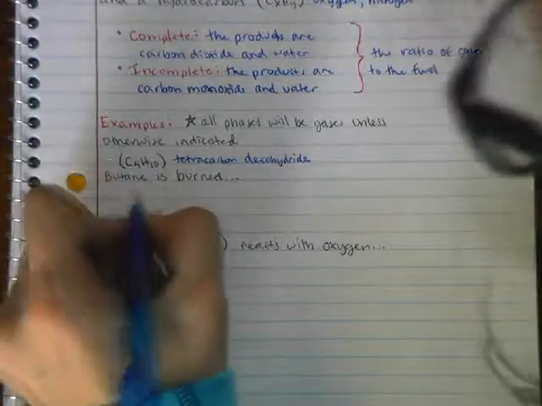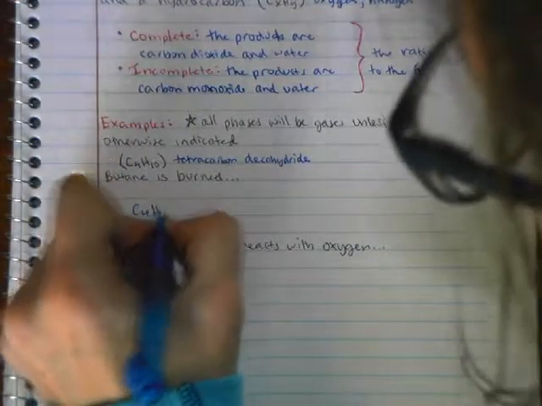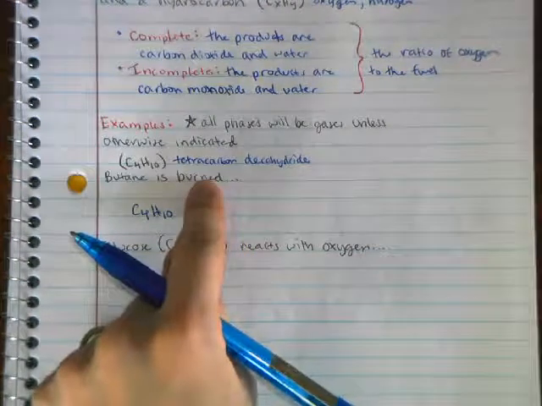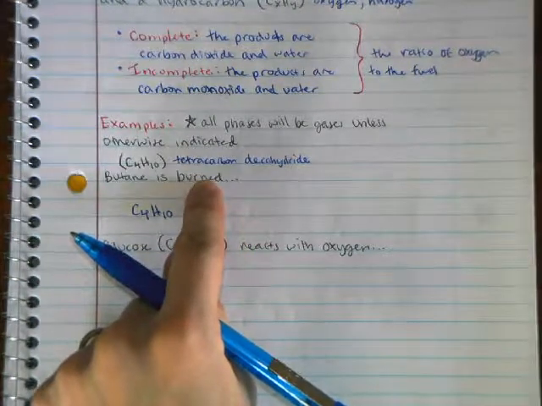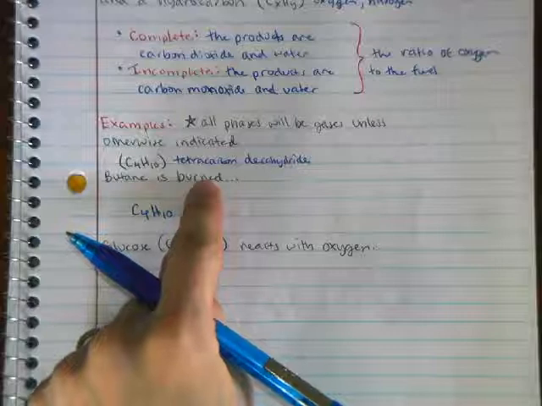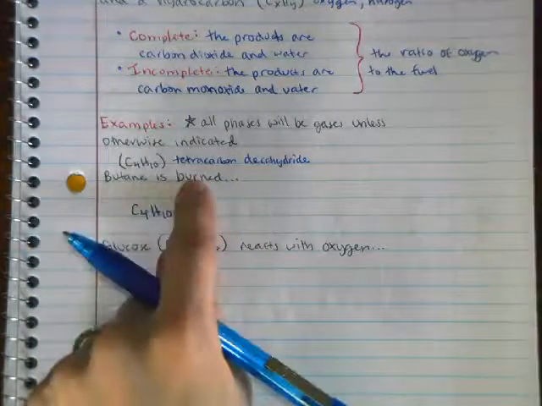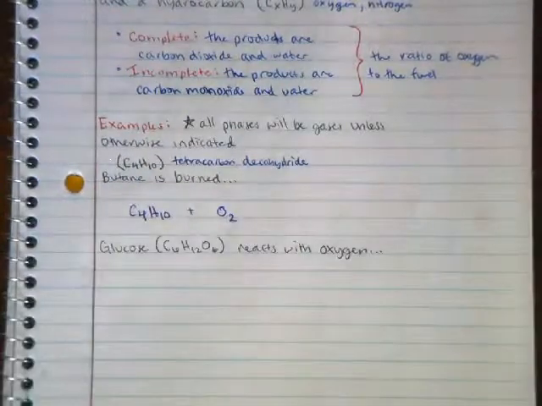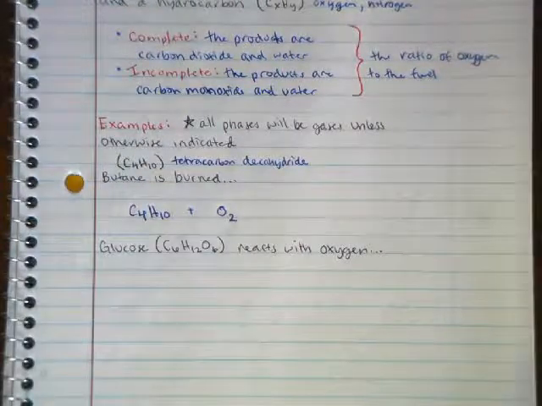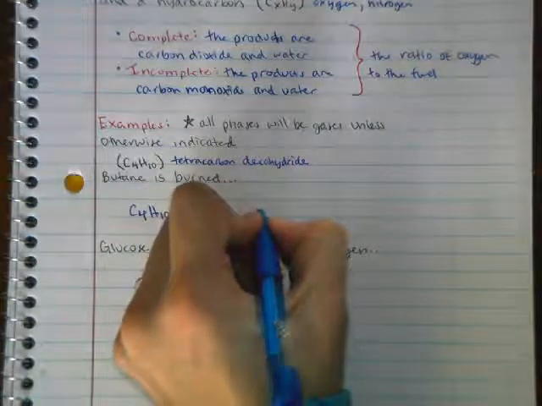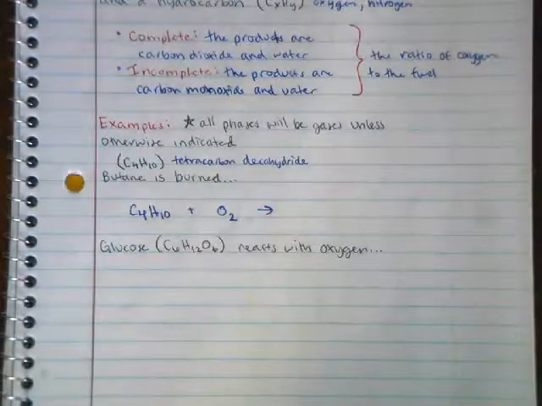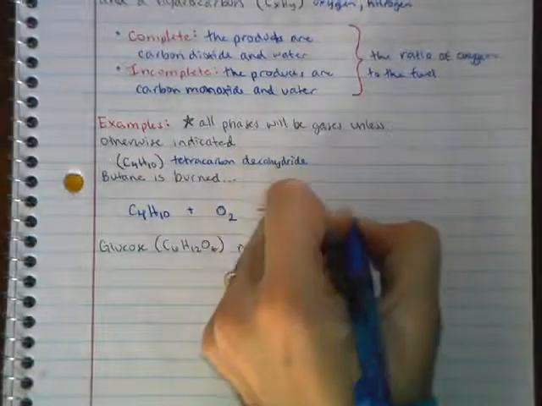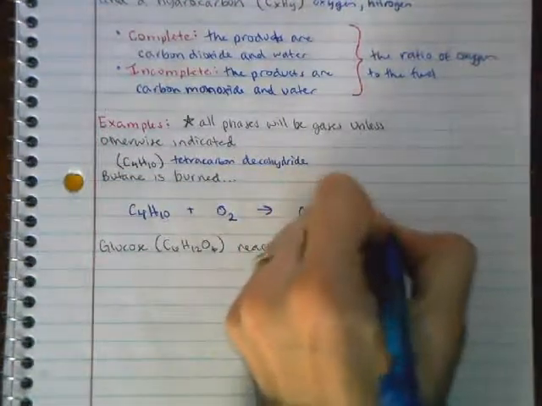So if we have C4H10, notice it doesn't even say it reacts with oxygen, but if something is burning, I know that it has to be reacting with oxygen. That's a requisite for something to burn. So even if it's just as simple as this, you need to assume that oxygen has to be part of that reaction. And I'm going to assume that it's complete combustion unless I'm told otherwise. So that just means I make carbon dioxide and water.